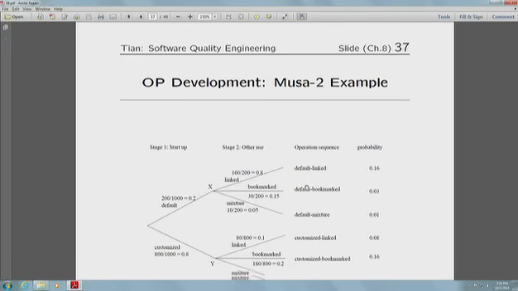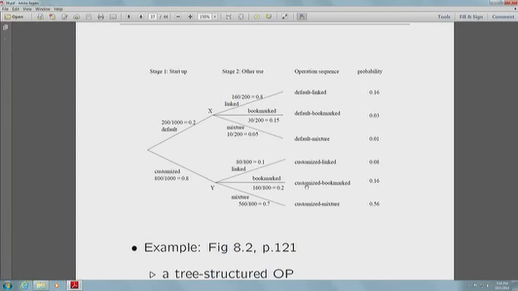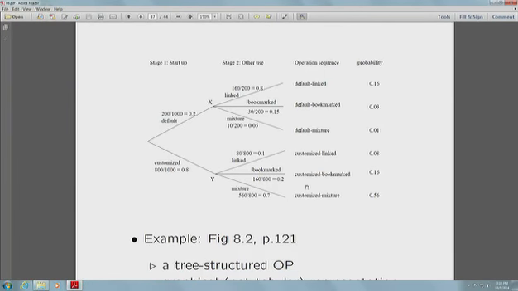So we can look at an example with web usage, or you can think of browser usage. Just imagine that Microsoft has Internet Explorer, Mozilla has Firefox, Apple has Safari, or Google Chrome or something.